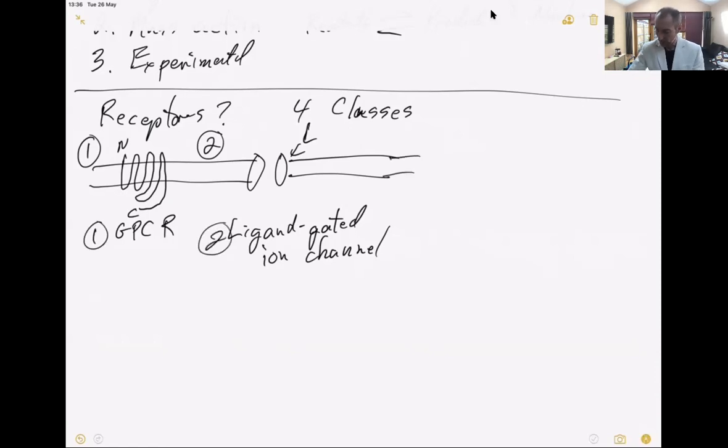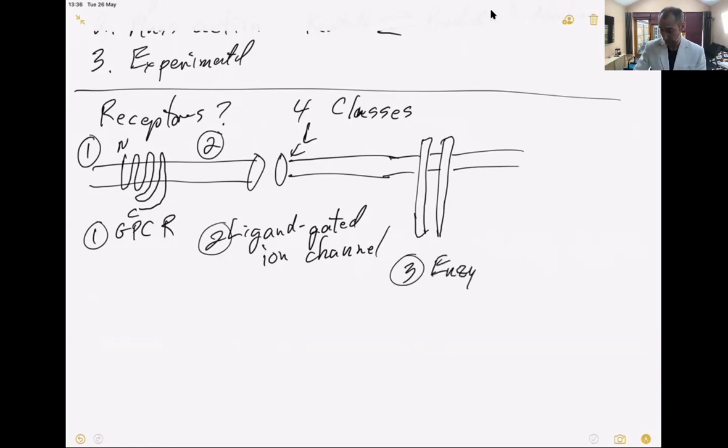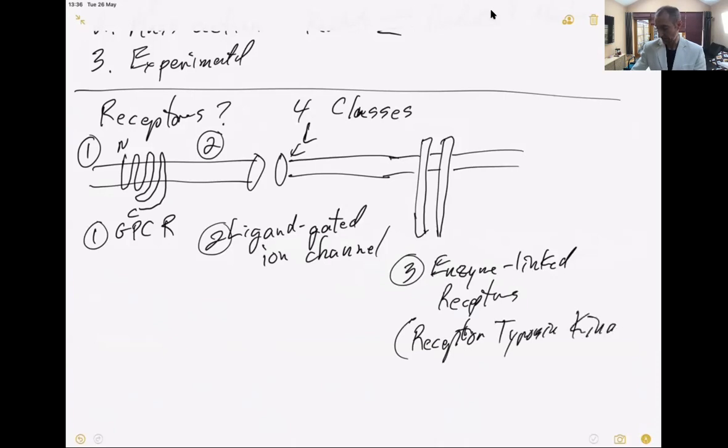Third class then we can talk about, these go by various names. I think Rang and Dale says enzyme linked receptors. Most of these, painting with a bit of a wide brush, are receptor tyrosine kinases. So receptor tyrosine kinases are here.